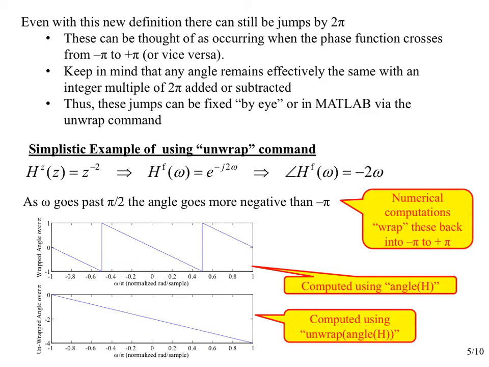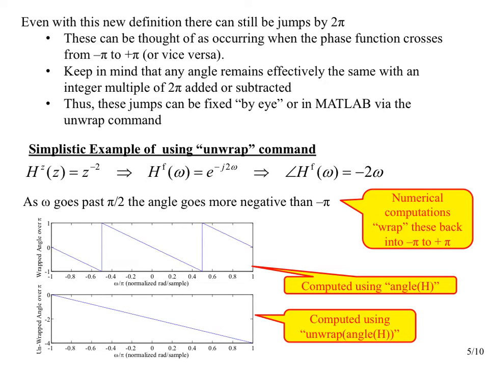So if we allow this new definition, we can still end up having some jumps in our plots, and these plots come from the fact that when we're computing via MATLAB or any other numerical method, you compute at a point, it has no idea how many times you've really, quote unquote, gone around the unit circle.